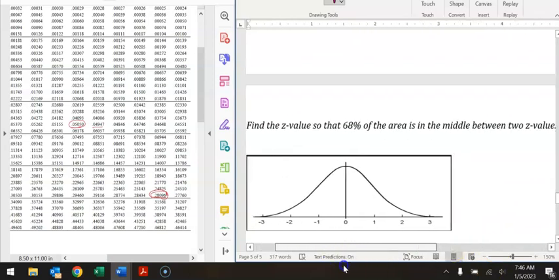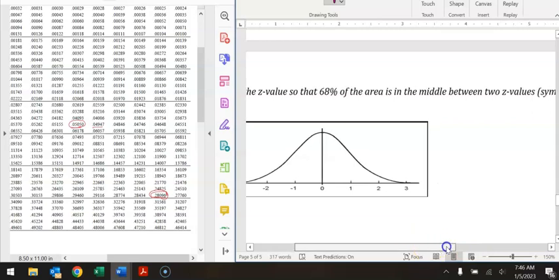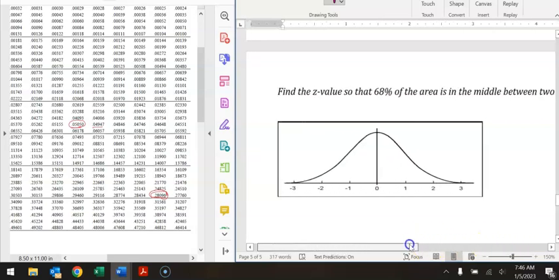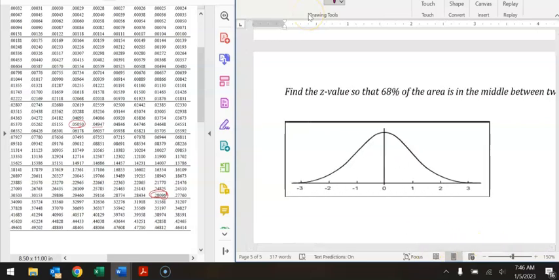Now let's say you have a Z-score that is in the middle between, okay? So find the value so that 68% of the area is in the middle between two Z-scores. So we're going to have a symmetric middle, okay? So if we have 68% total, let's think about this.